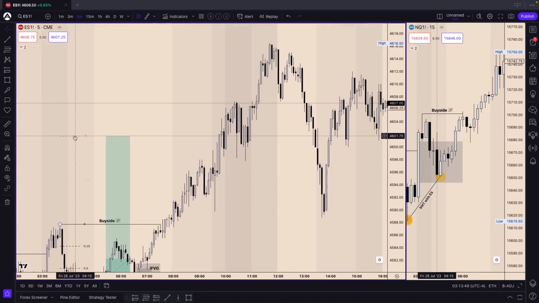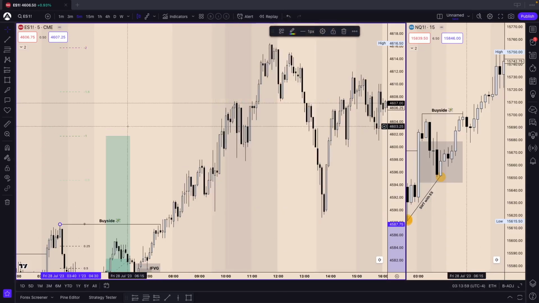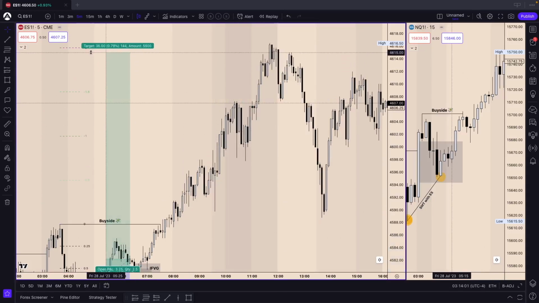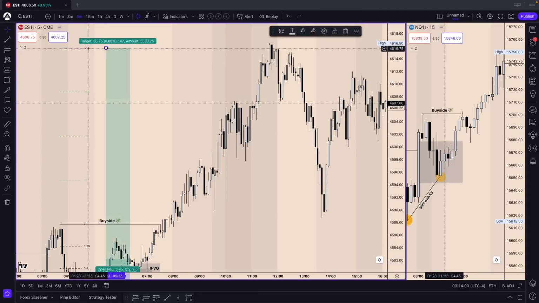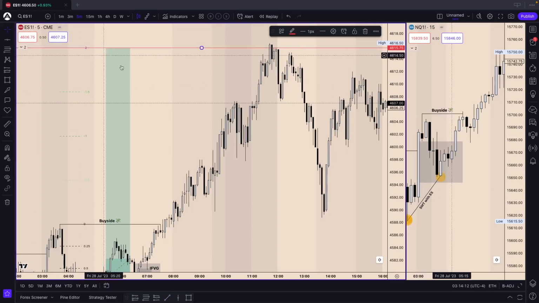Let's see. Let's use a negative 1.5 and a negative 2. That's pretty precise, eh? 2 standard deviations. We only wicked above it by, let's see, that's our negative 2.